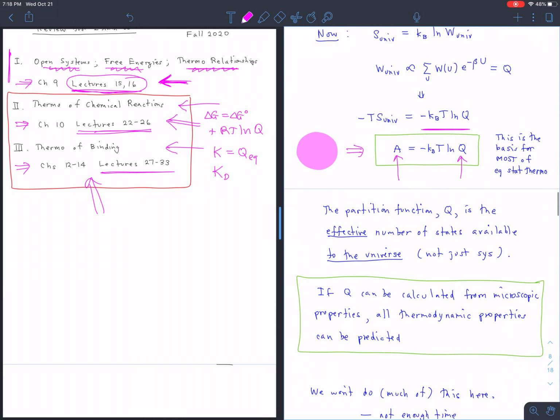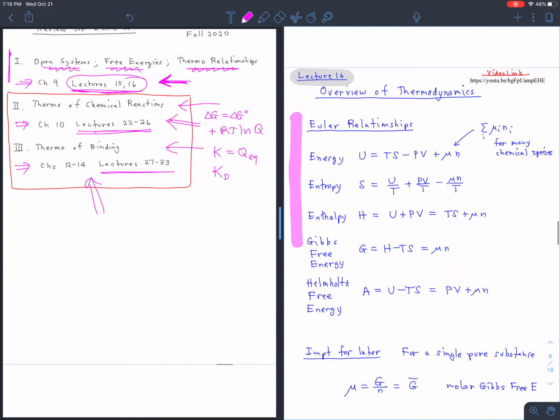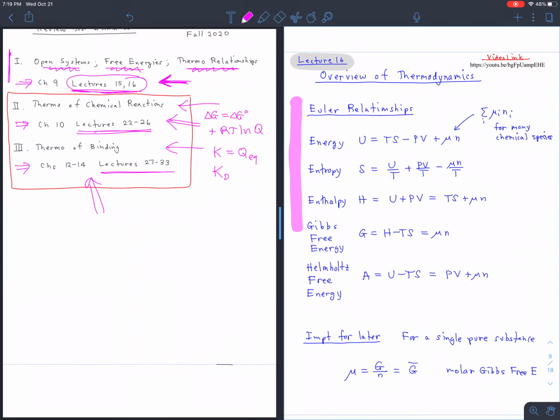Okay, that's it for, I think, oh no, I take that back. Oh yeah, that was lecture 15. Lecture 16 then, going on with chapter 9, gives a lot of relationships. There's the Euler relationship. So this is the part where I basically just core dump all of the most important thermodynamic relationships.